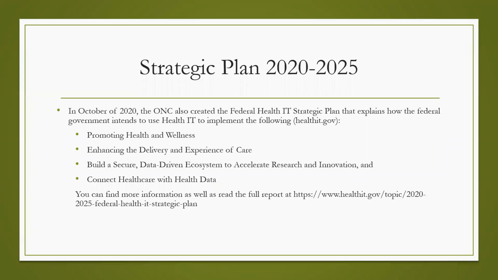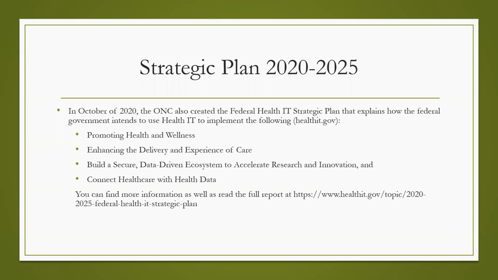So October 2020, the ONC also created the Federal Health IT Strategic Plan that explains how the federal government intends on using health IT to implement the following. Again, you can find more information on this and read the full report on healthit.gov underneath the Federal Health IT Strategic Plan, but they are using these 4 main steps: promoting health and wellness within the American community, enhancing the delivery and experience of care, building a secure data-driven ecosystem to accelerate research and innovation.